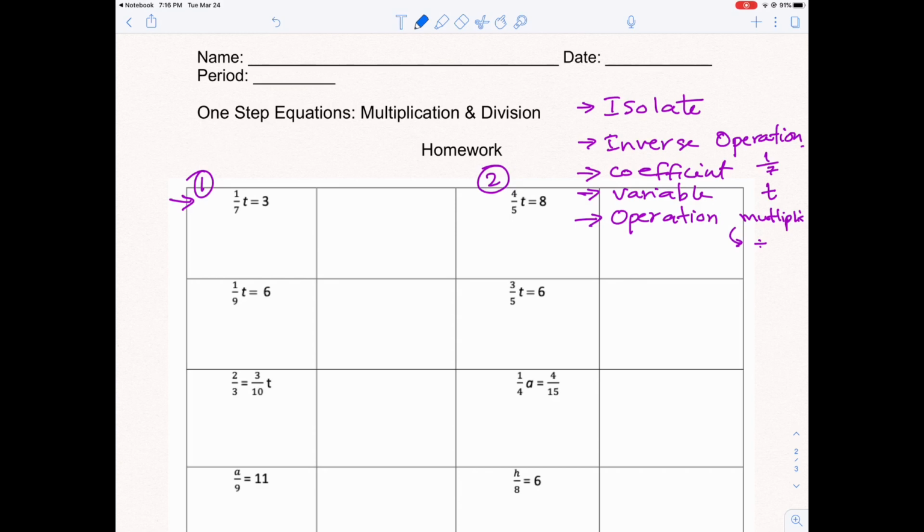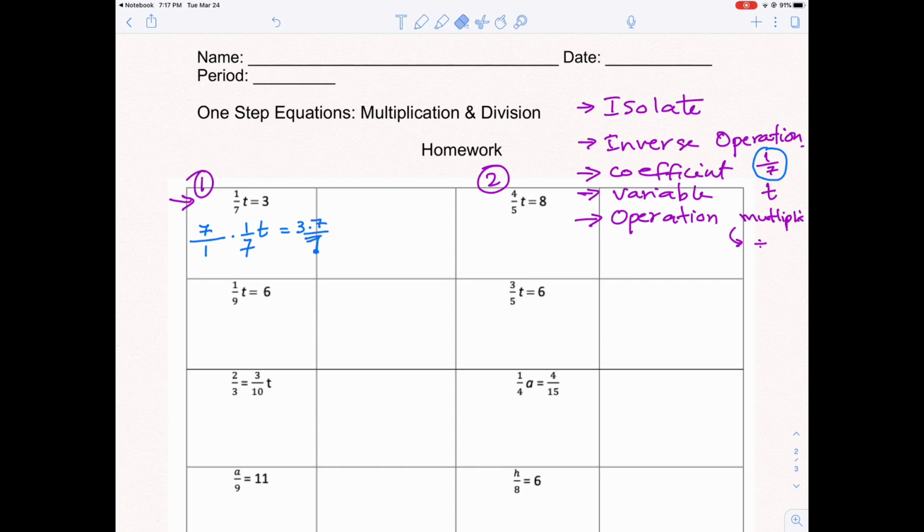So, what does this mean? If 1/7 is the coefficient, I have to multiply by the reciprocal of 1/7. The reciprocal of 1/7 is 7 over 1. Multiply both sides of the equation by 7/1. And what happens when I do this?